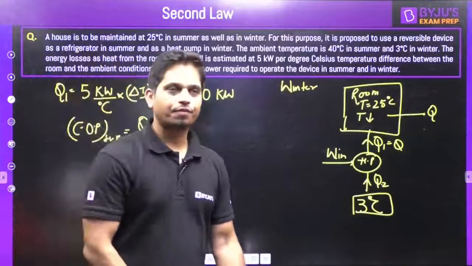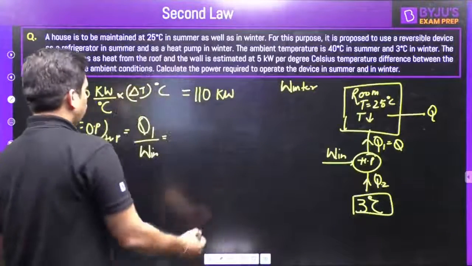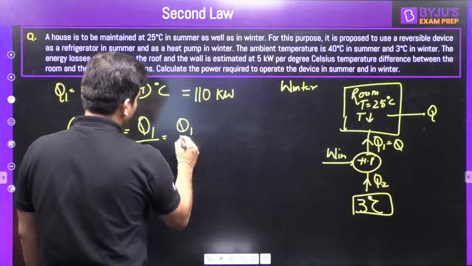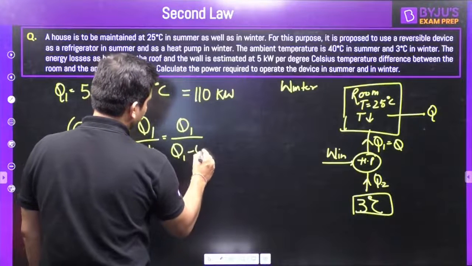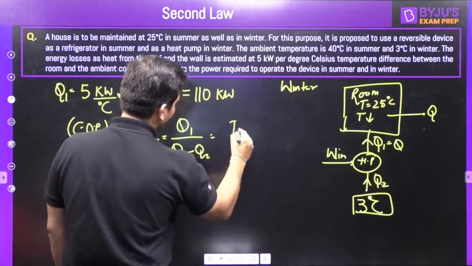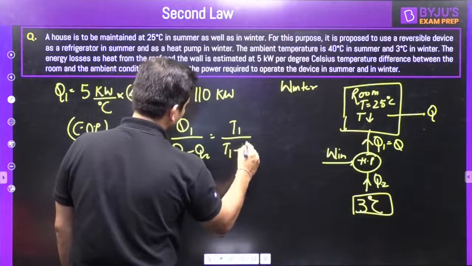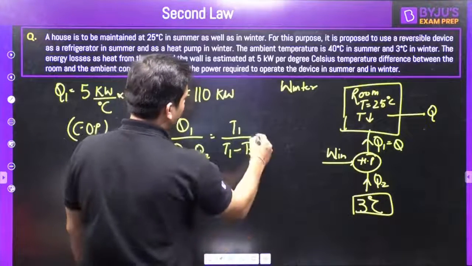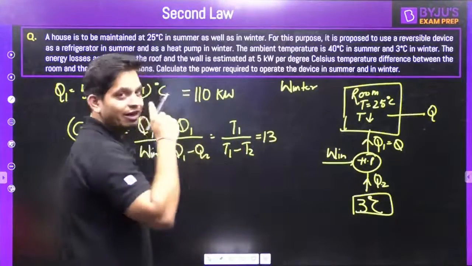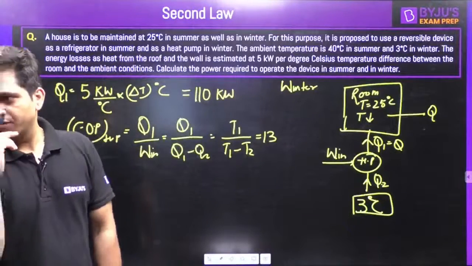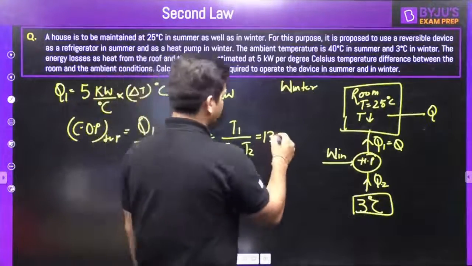Okay, so you can write Q1 by Q1 minus Q2, and you can write T1 upon T1 minus T2. You can calculate it as Bhavya has calculated. It is 13.54.